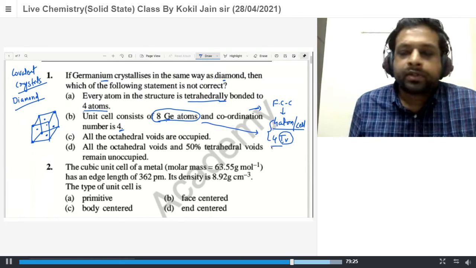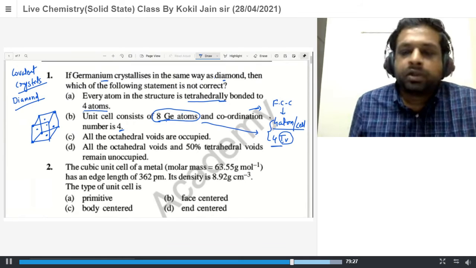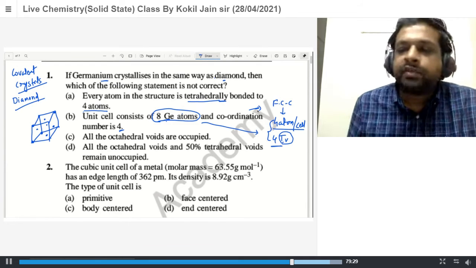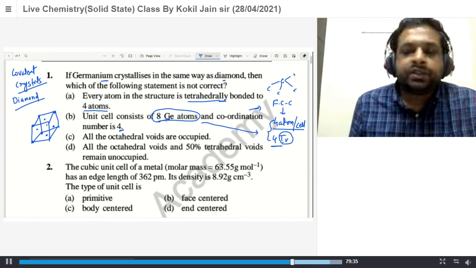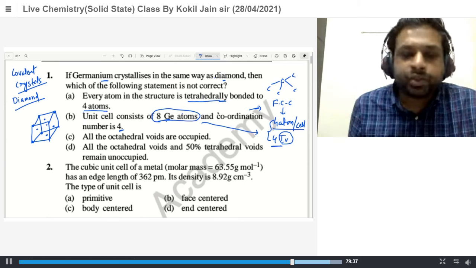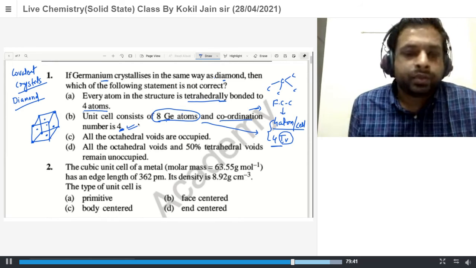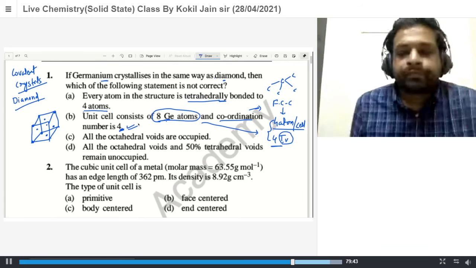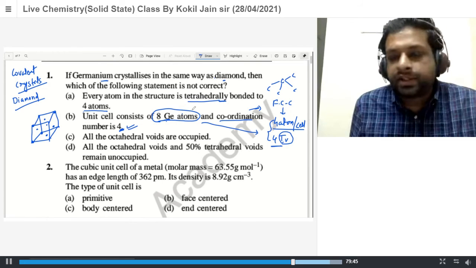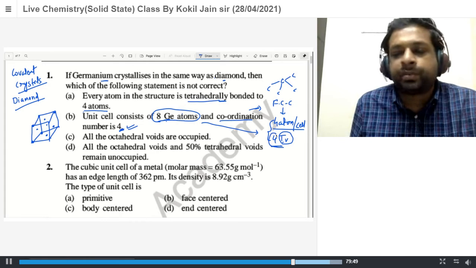Now, as each carbon atom is attached to another carbon atom tetrahedrally, the coordination number is going to be 4 only. This is also true. Now, what we saw in this case was that only 4 tetrahedral voids were occupied.